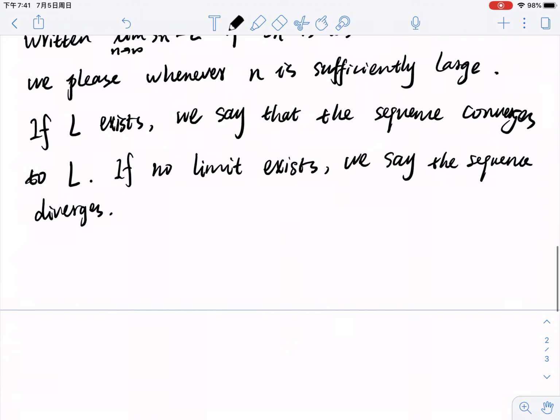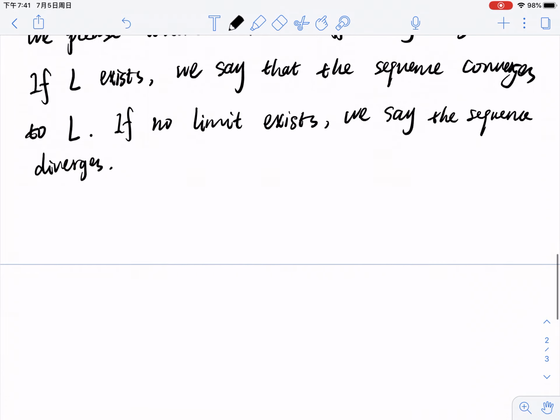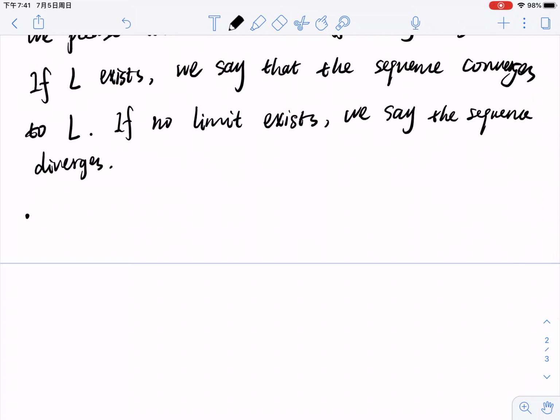Next, we review 2 sequences. They are of particular importance. So the first one is the sequence Sn is x to power n. This sequence converges to 0 if the absolute value of x is less than 1 and diverges if the absolute value of x is greater than 1.